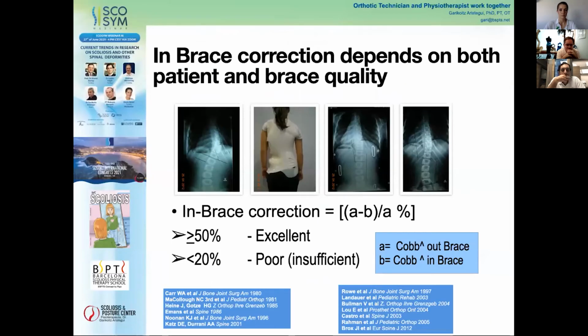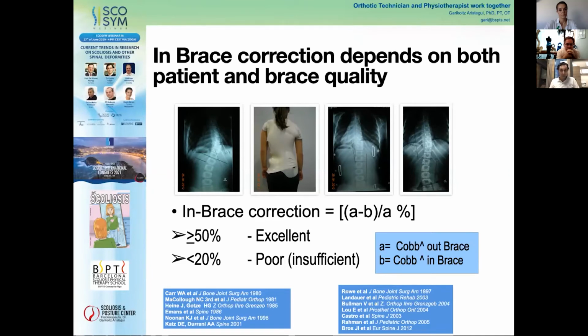In-brace correction depends on both patient and brace quality. This is very, very, very important, because when we are speaking about the result, and when the family is coming to us asking what is going to happen now, if we take the in-brace X-ray, we have as a reference that more than 50% is excellent, but less than 20% is poor.